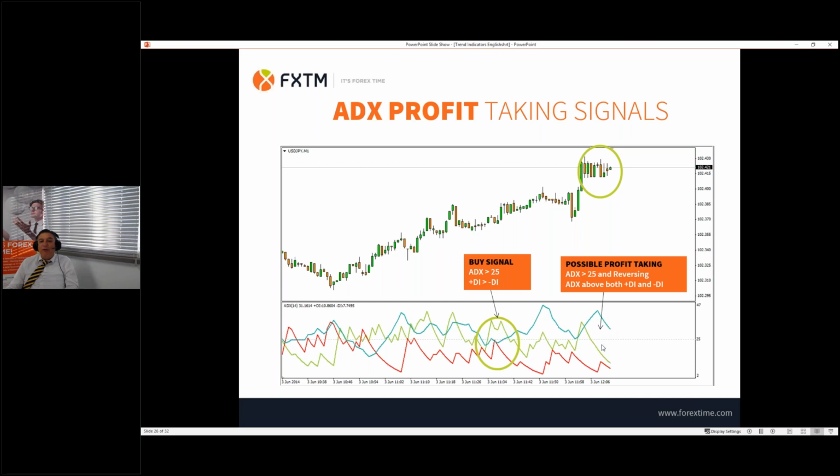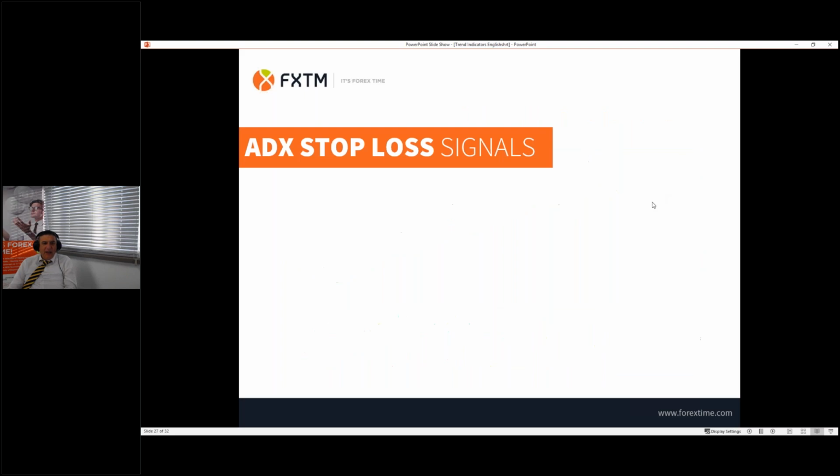It's above both the green and the red lines, and ADX starts to fall. So this is a good signal, according to ADX, to start getting some profits. All right? Very good. And let's take a look at the stop loss that ADX is suggesting. As I said before, this is a whole system on its own.